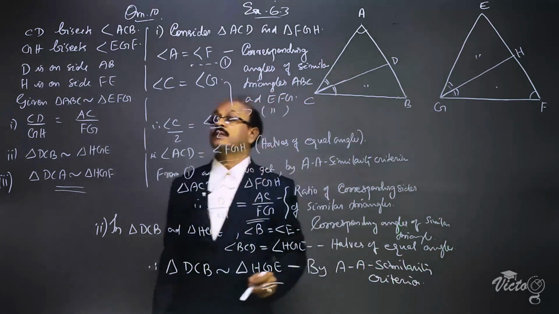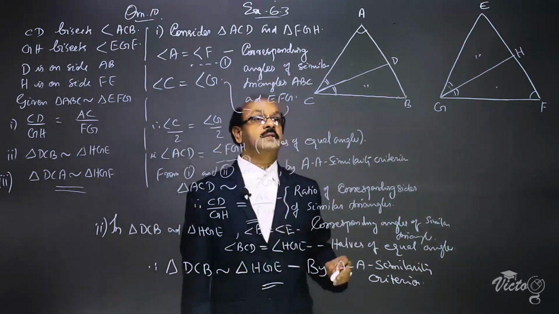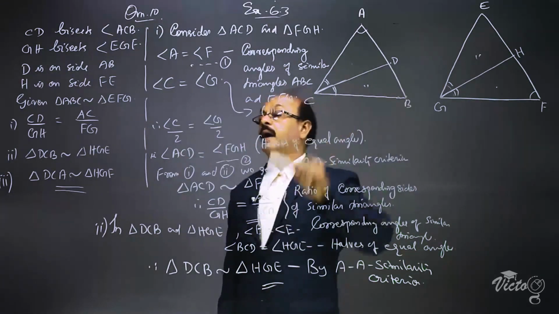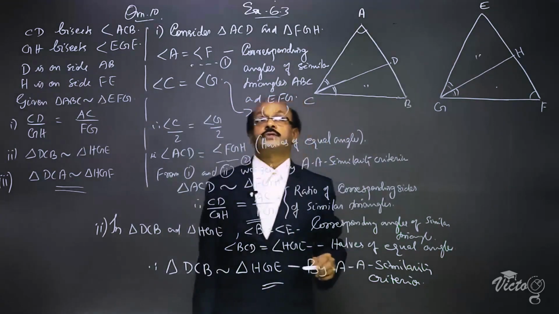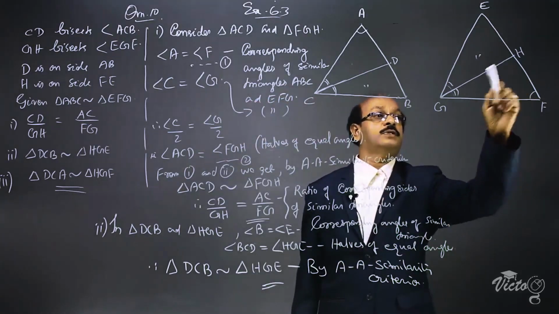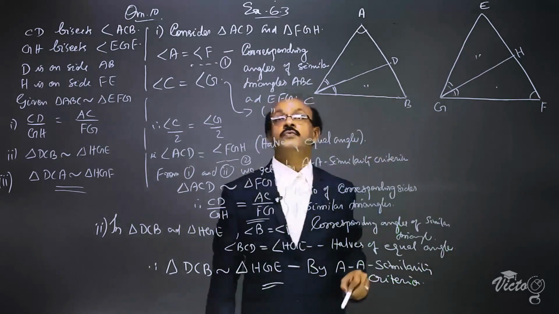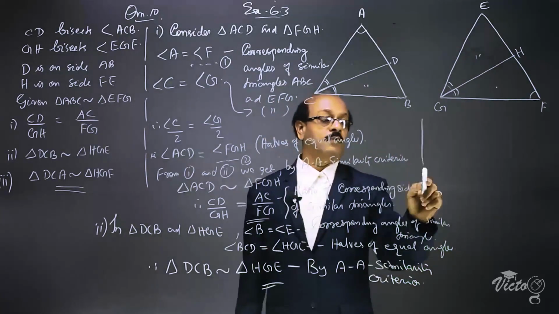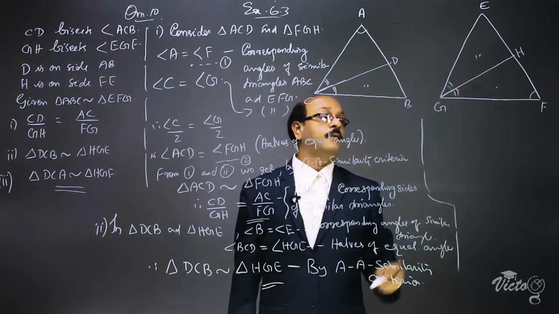Now we have to consider triangle DCA and HGF. We have already proved it in the first part, but we can prove that once again for the third part.